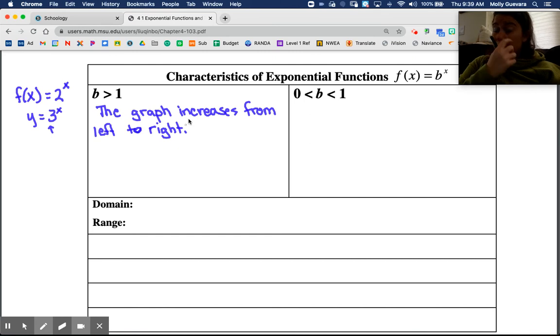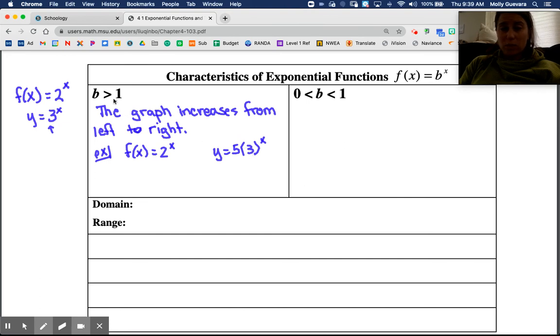If we look at that graph of 2 to the x, it's going up from left to right. Okay, so I guess here we can write those examples. So that f of x is equal to 2 to the x will be increasing from left to right. If I have y is equal to 5 times 3 to the x, it's going to be increasing from left to right. A is 5 and then b is 3, so b is greater than 1.